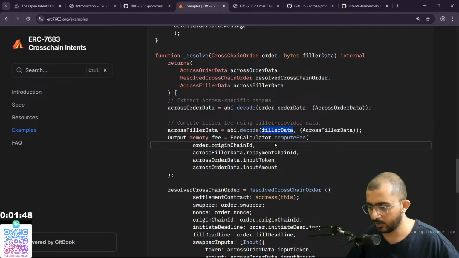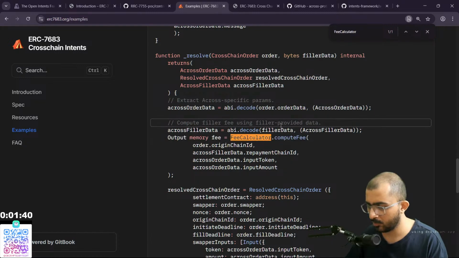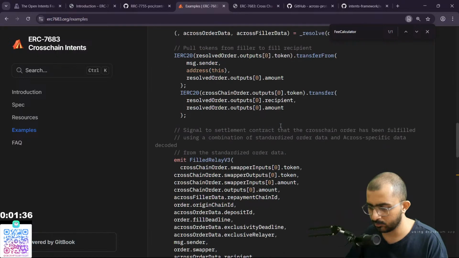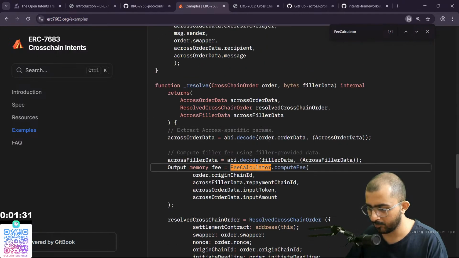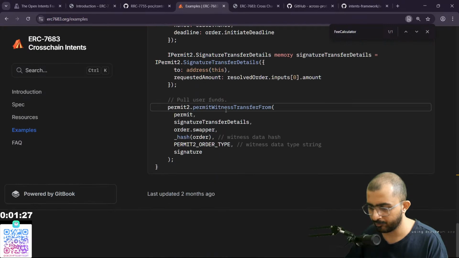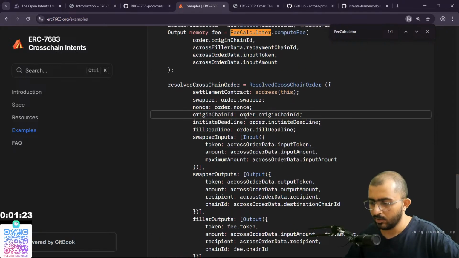Output fee computation. Okay, it might be somewhere. Resolved cross-chain order.